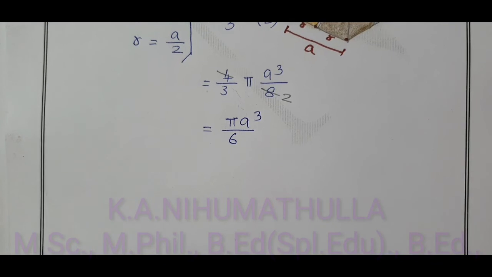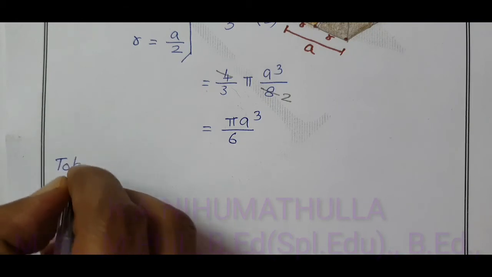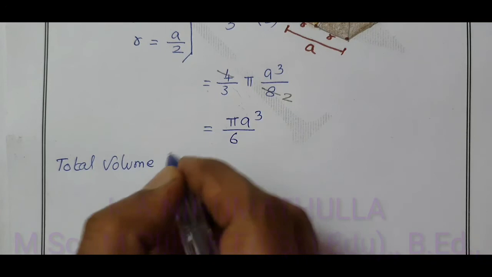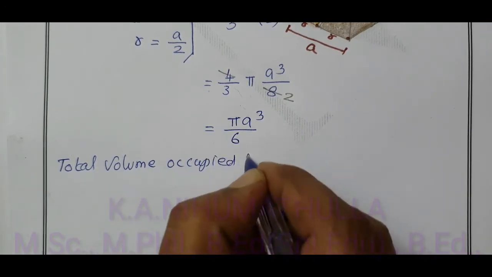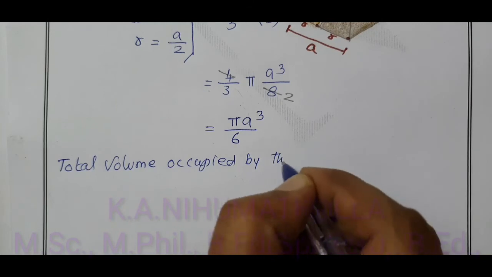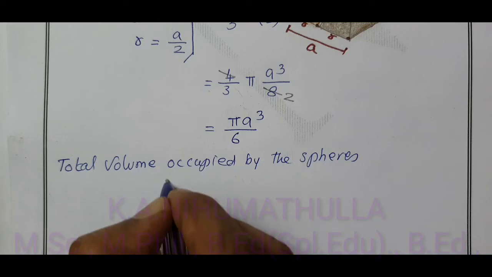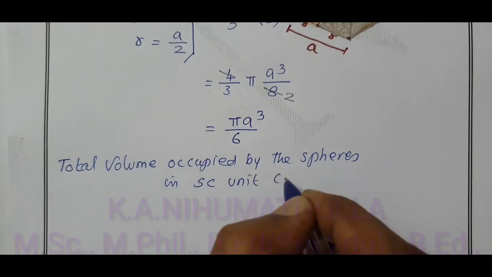But our numerator in the calculation of packing fraction is the total volume occupied by the spheres in the simple cubic unit cell.